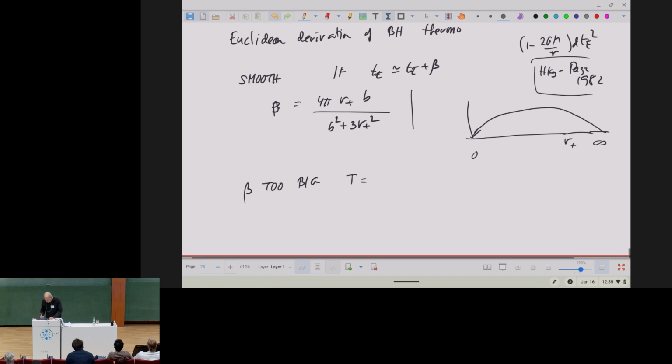That means if 1 over beta is too small, there's no black hole. If beta is small enough, there are 2 black hole solutions for the same beta.